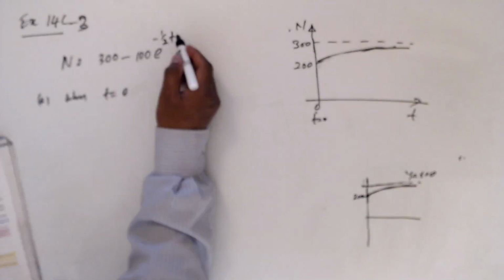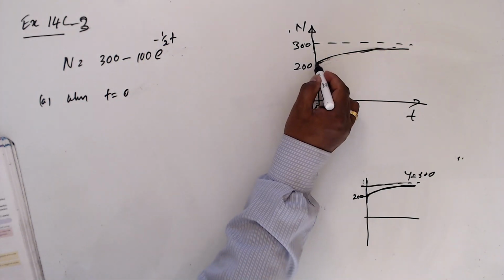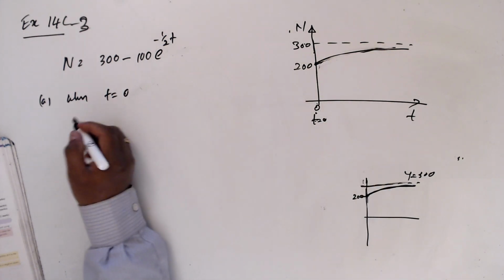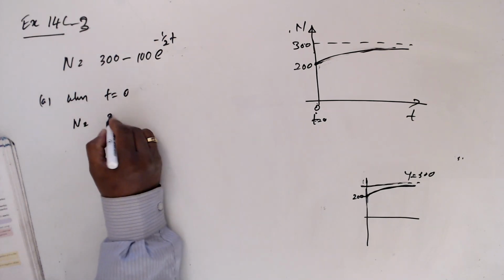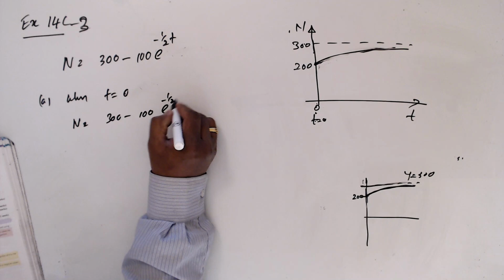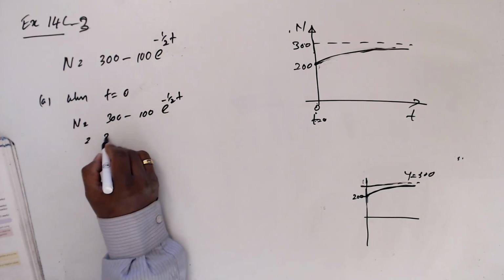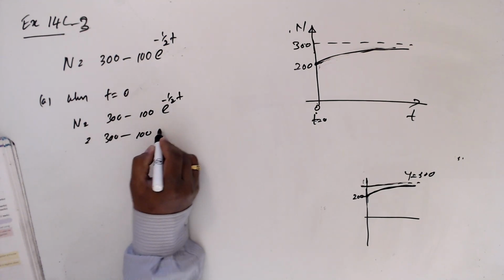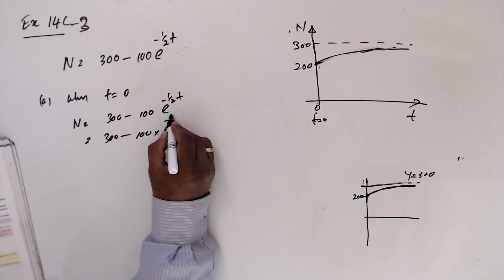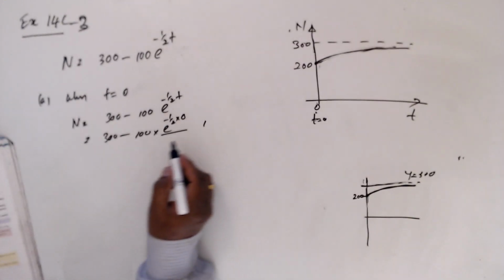So I can see this is going to be 200, because this is the starting point. We have to show this: N equals 300 minus 100 e^(minus half a t). This part, 300 minus 100 times e to the minus half times 0, so this part becomes 1.